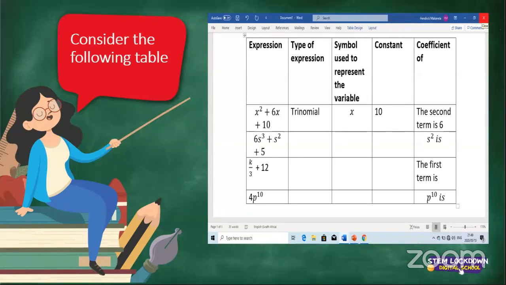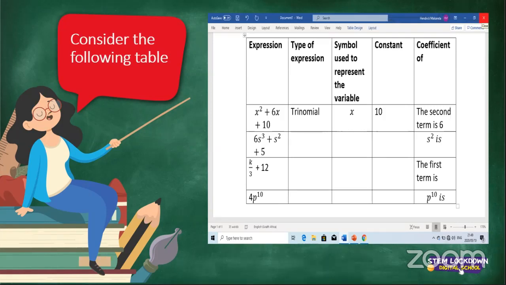Now the next column: what is the symbol used to represent the variable? You can see that the variable is represented by the symbol x. So x is our variable in the expression. The next column asks us to find the constant in the expression.